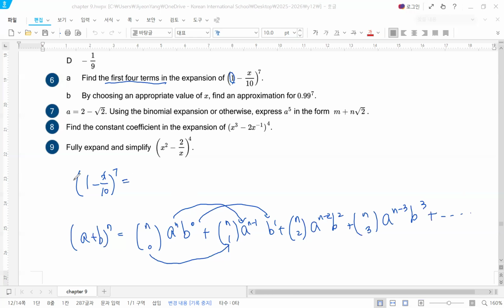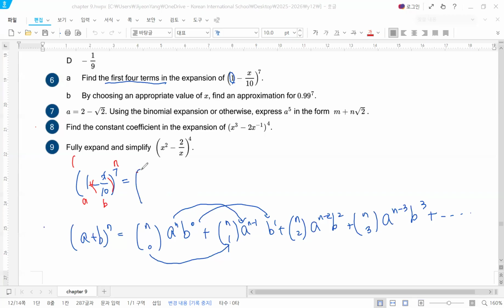So please write it down as 1 plus negative x over 10. This one is a, this one is b, and this one should be n. Okay, let's substitute every value into each letter.